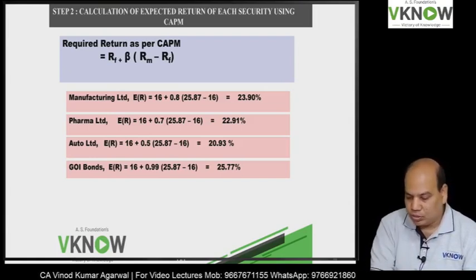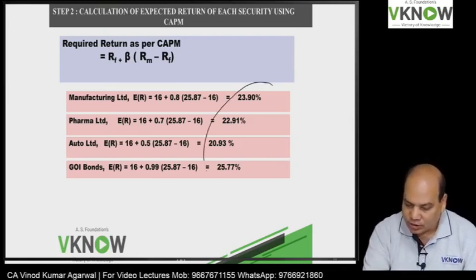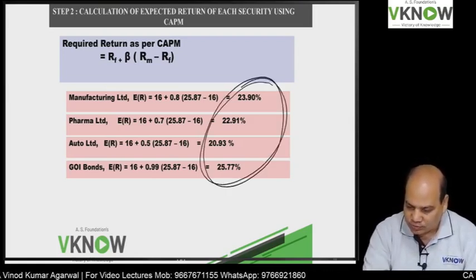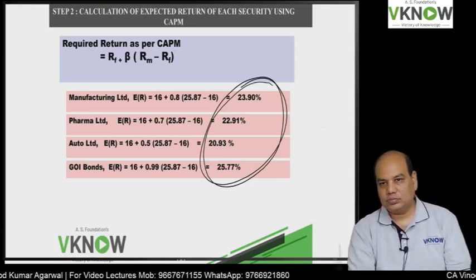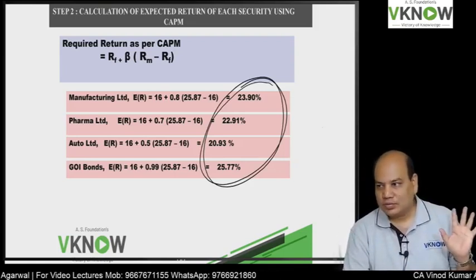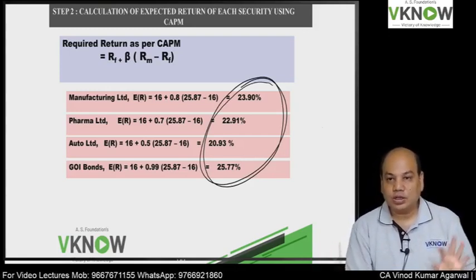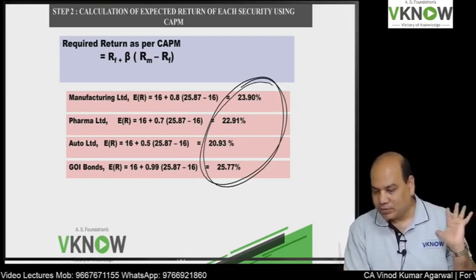So there are two ways you can do it. One is, these are the returns of individual stocks. Weights are not given, so assume equal weight. If you assume equal weight, total divided by 4 will give you average rate of return.